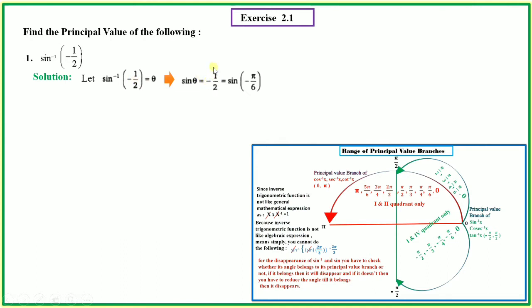Now for 1 by 2, think at what angle the value of sine will be 1 by 2. This value is at pi by 6. In this case we have minus 1 by 2, and sine pi by 6, or sine 30, gives 1 by 2. So naturally minus pi by 6 will give us minus 1 by 2. So we have sine of minus pi by 6.